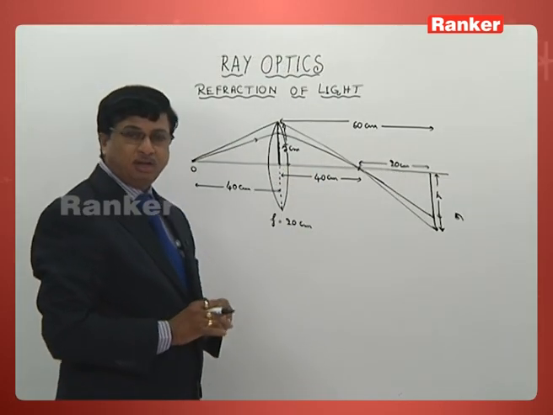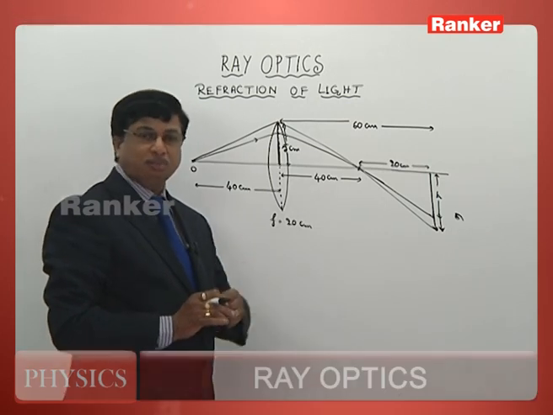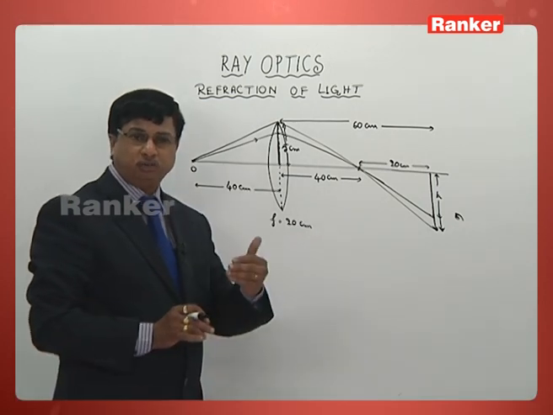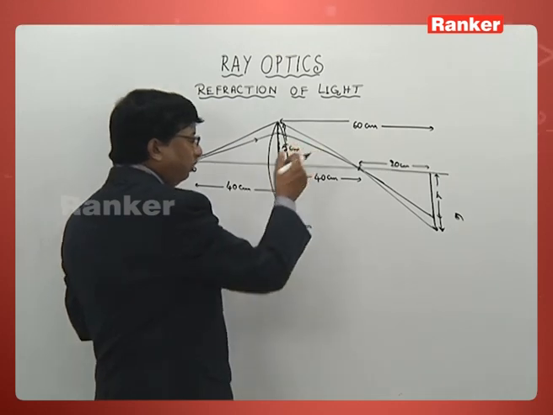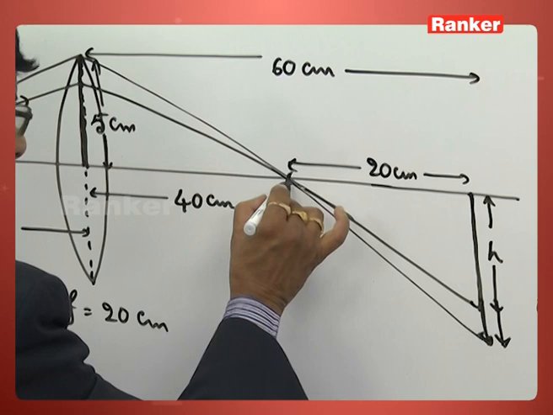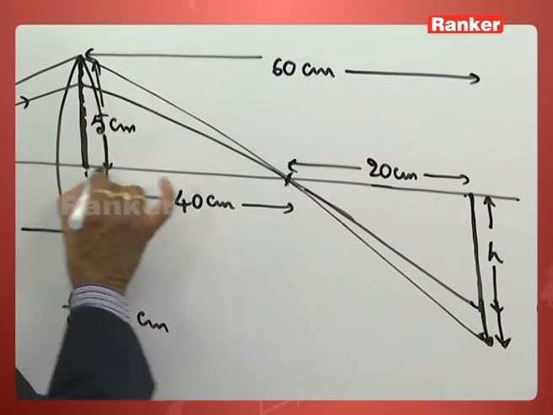Both the triangles are similar ones. When two triangles are similar, according to mathematics, the corresponding ratios of their sides can be equated. So what are you going to get? You check now. This side by this side is equal to this side by this side.